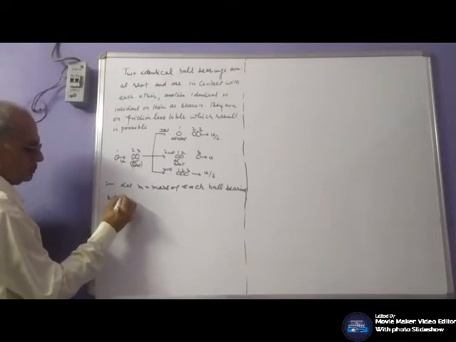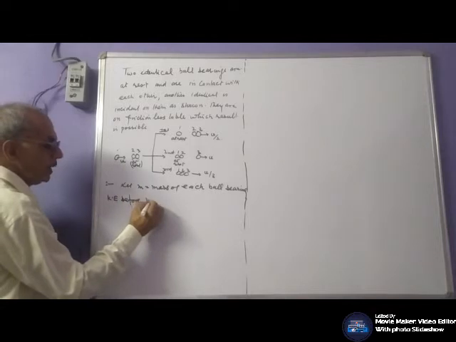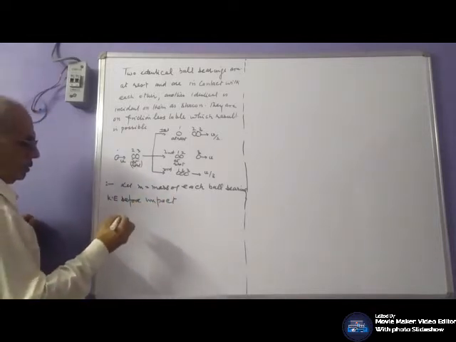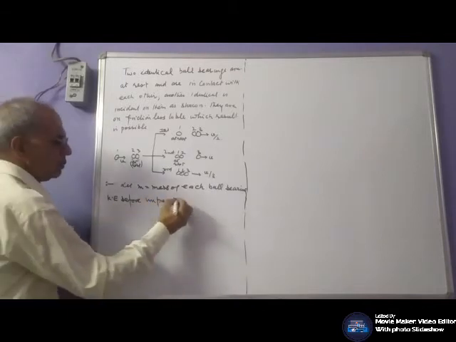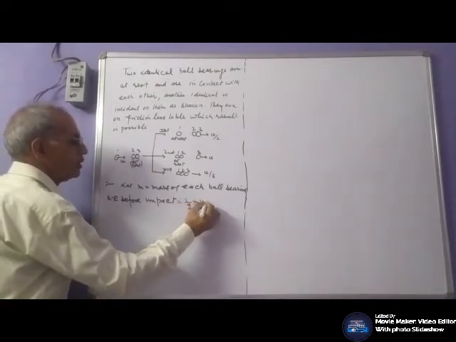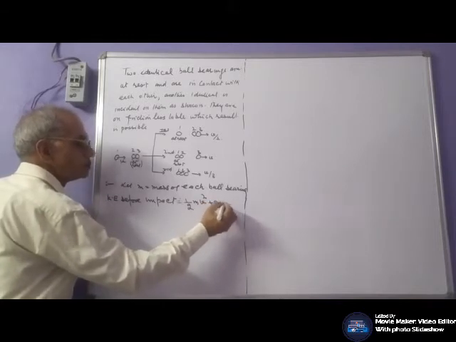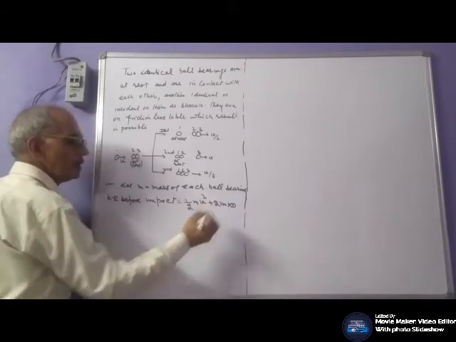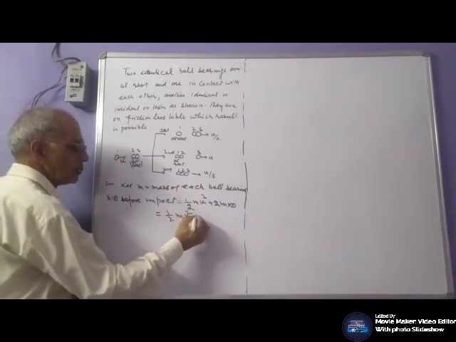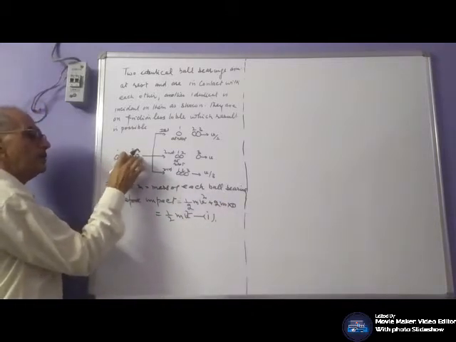Kinetic energy before impact is half m v square, since the other two are at rest with velocity 0, mass m plus m, 2m.